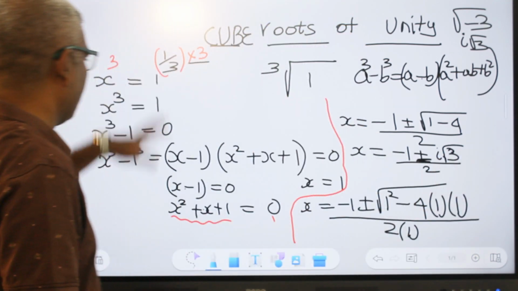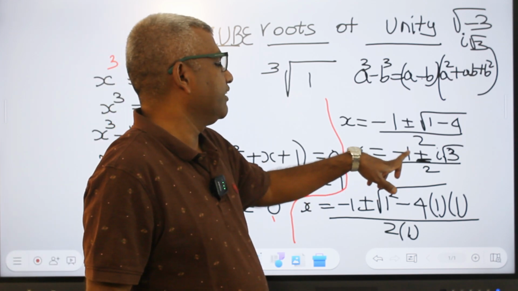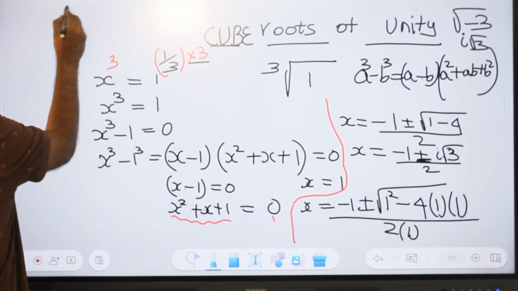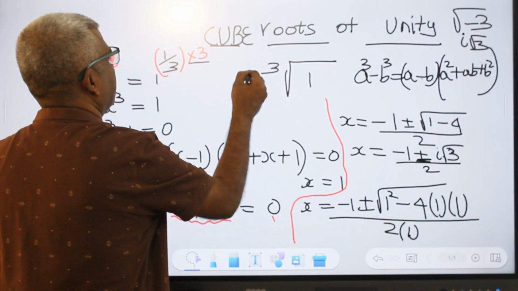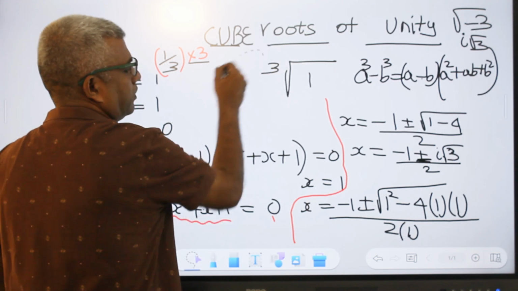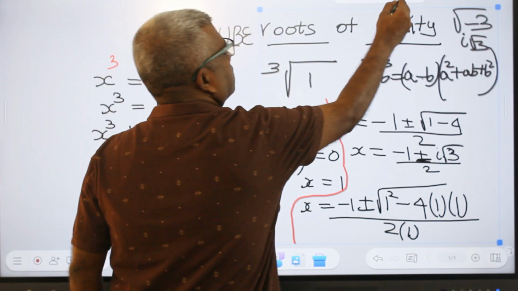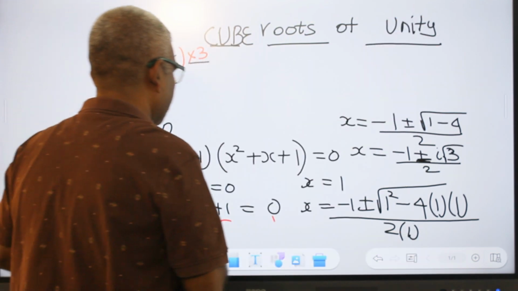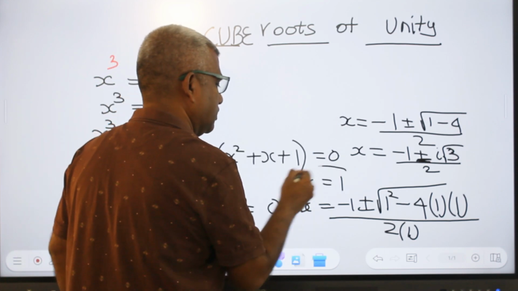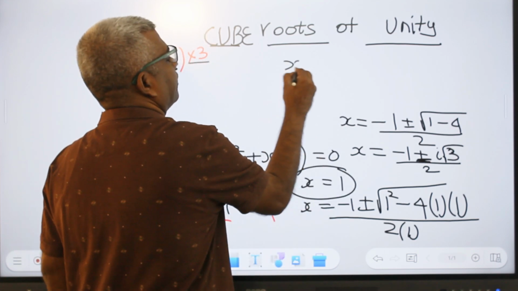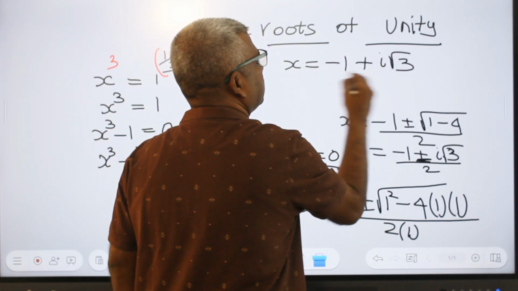So we found 3 roots. Root 1 is 1. Second root is x is equal to minus 1 plus i root 3 by 2.